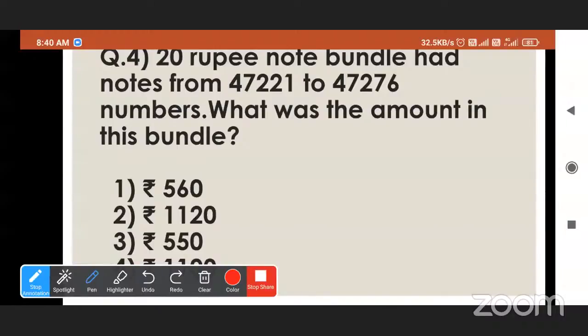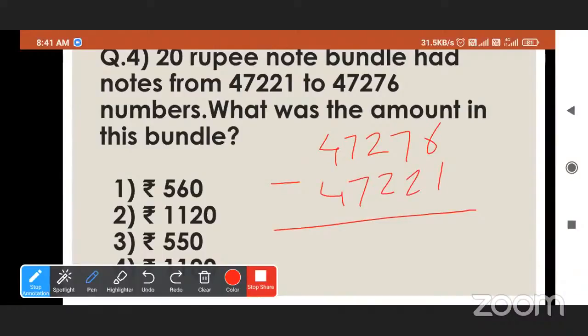We have to do subtraction. 276 minus 221. 6 minus 1 is 5. 7 minus 2 is 5. 2 minus 2 is 0.